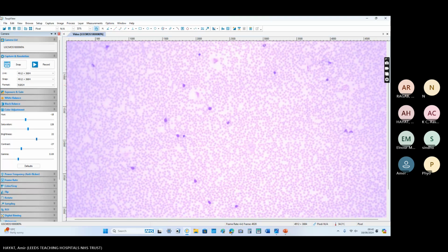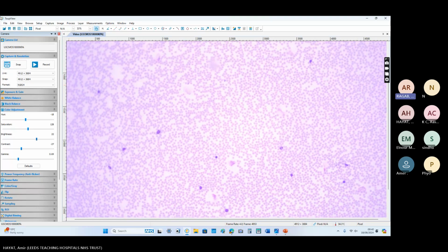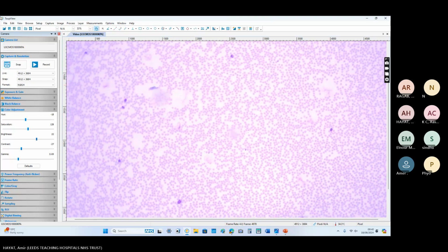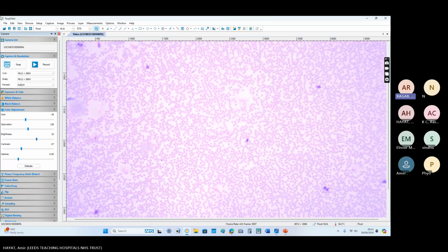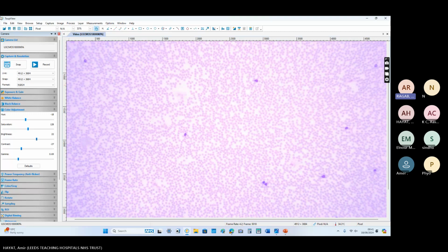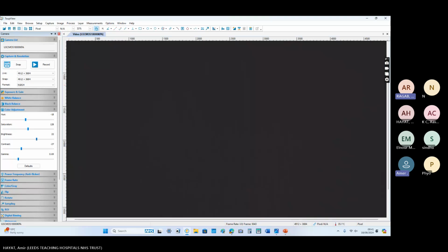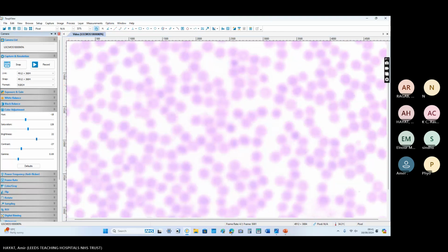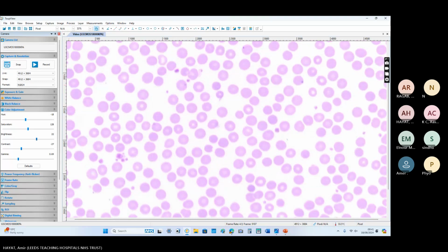At low power, I can see there is a moderate increase in the white cell count, likely mature, but I can't appreciate the platelets. So you will go to 50 then? 250, yeah.